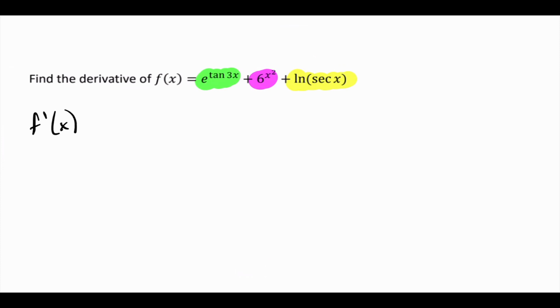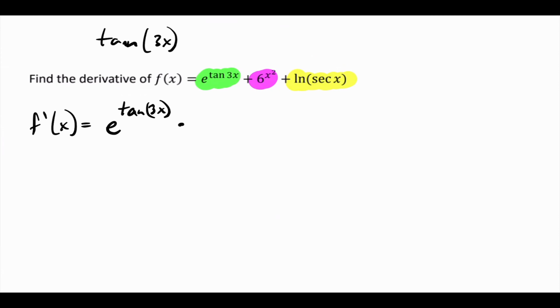F prime of x, repeat it. Then you find the derivative of the power. Well, the power is tangent 3x.